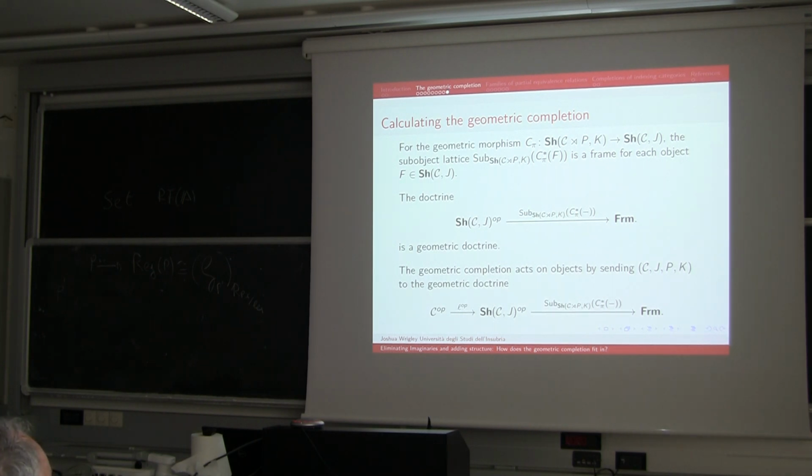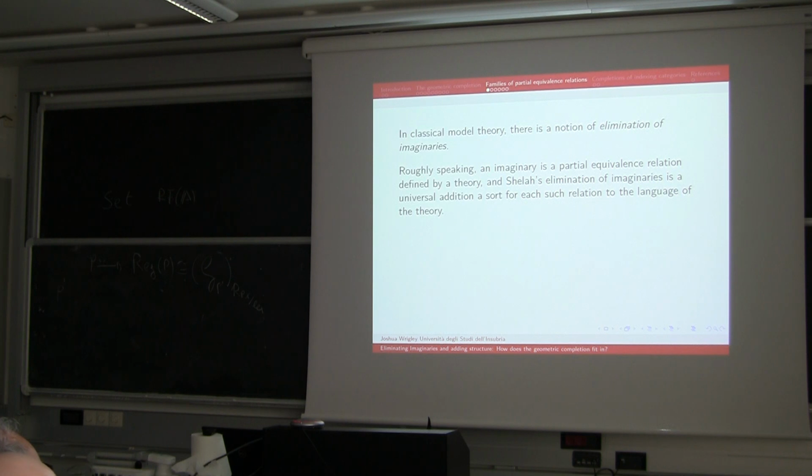And whenever we come across a new completion of doctrines, the obvious question is, what does its exact completion look like? And the question then is, which one? So I use this term elimination of imaginaries, which is sort of poetic terminology taken from model theory, where Shelah studied this elimination of imaginaries process, which is this idea that if you've got a definable partial equivalence relation, you want to have a sort that interprets that partial equivalence relation.